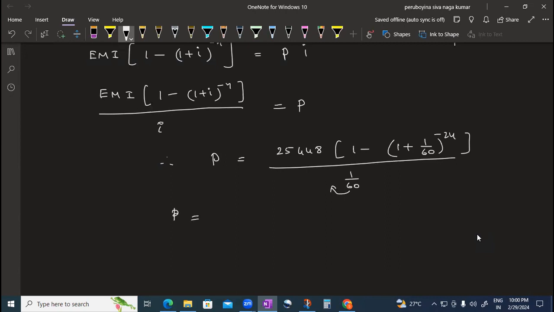So P is equal to 5448 multiplied by 60 into 1 minus (61 by 60) whole power minus 24.